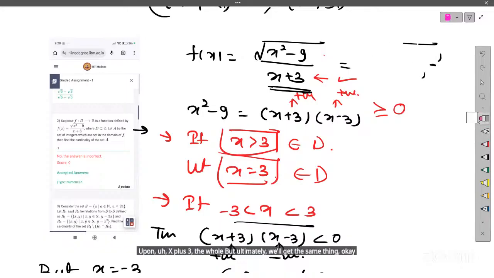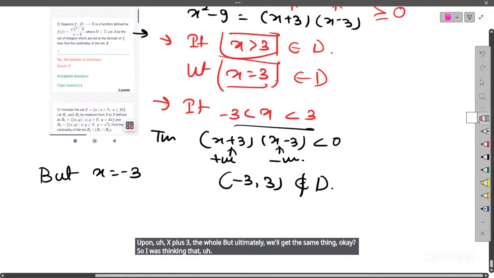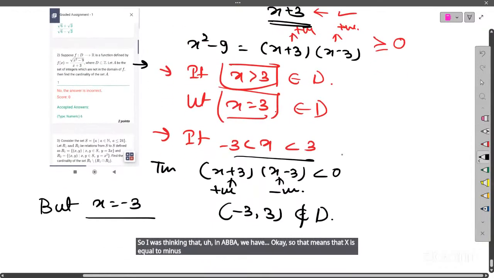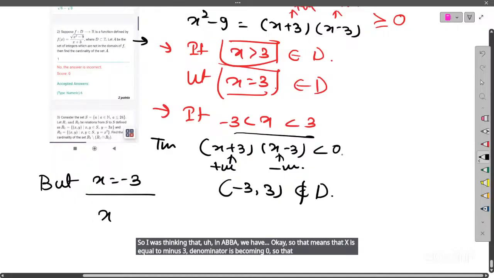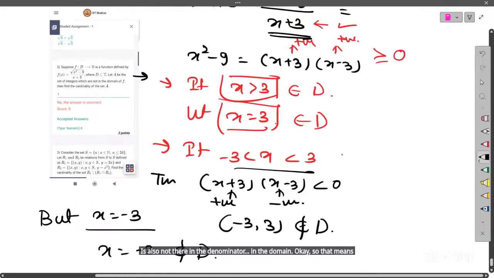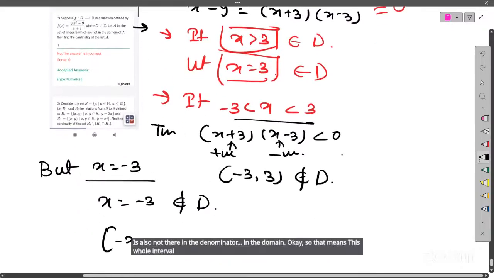So at x equals minus 3, the denominator is becoming 0. That's why x equals minus 3 is also not in the domain. So this whole interval, closed at minus 3 and open at 3, is not in the domain.